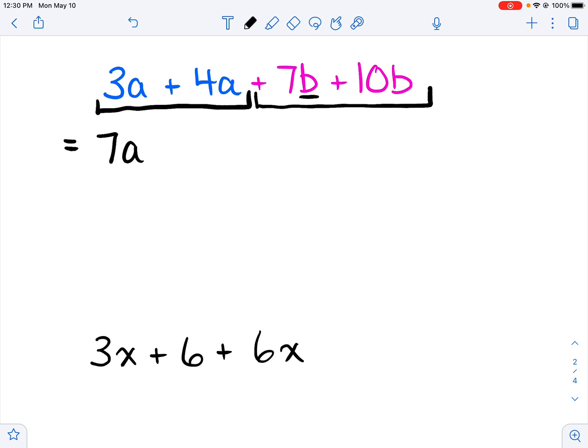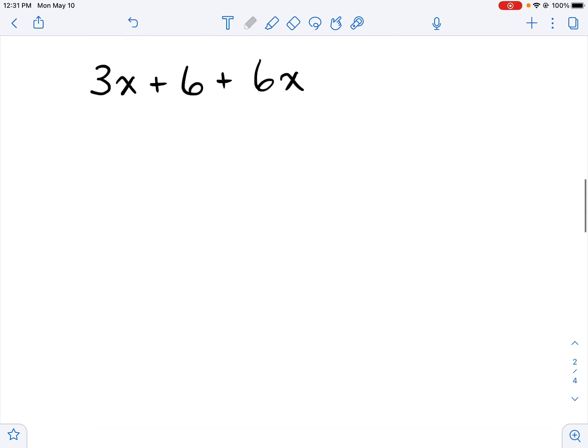These both have the letter B. So 7B plus 10B is 17B. And it's positive, so we put a plus 17B. Now we can't add these because they're not the same. A is not equal to B. So we can't add them. So we're done.